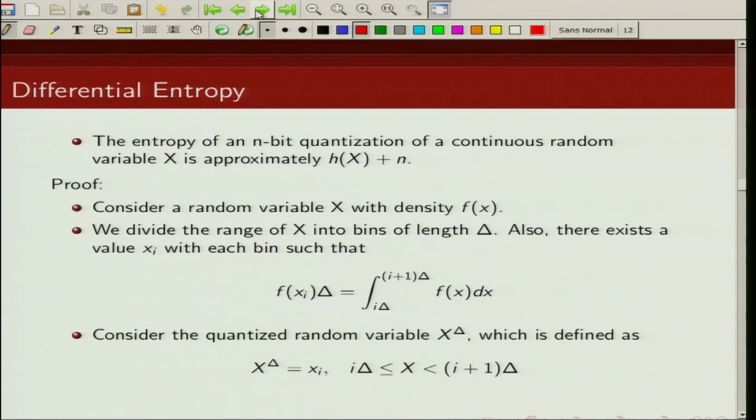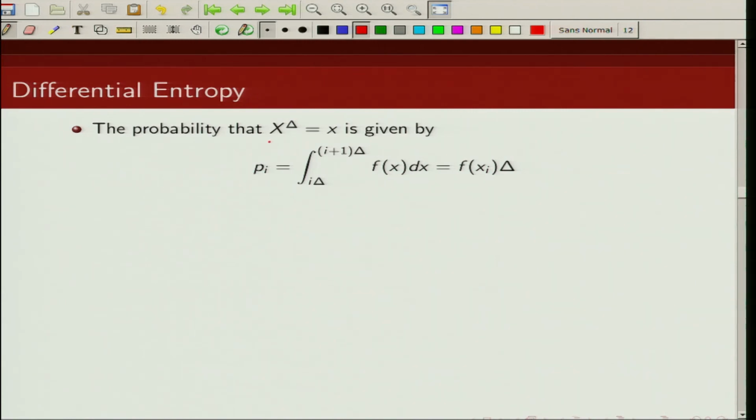Alright. So then we are considering a quantized random variable, we are calling it x delta, which is equal to xi if x lies between i delta and (i plus 1) delta. And the probability that x delta is equal to xi is then given by the integral of f of x dx over this interval i delta to (i plus 1) delta, which by the mean value theorem is given by f of xi into delta.